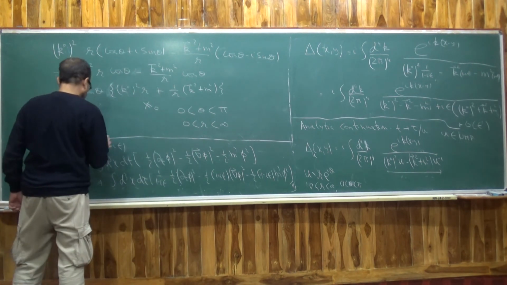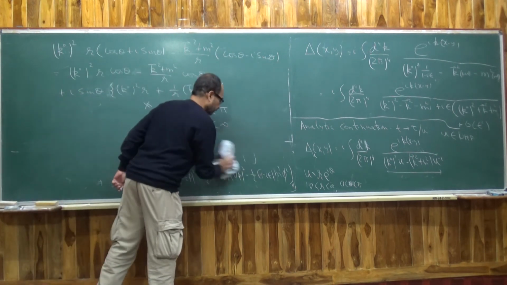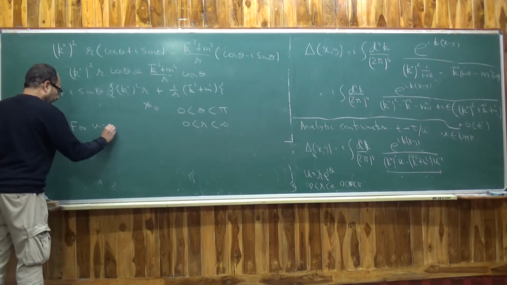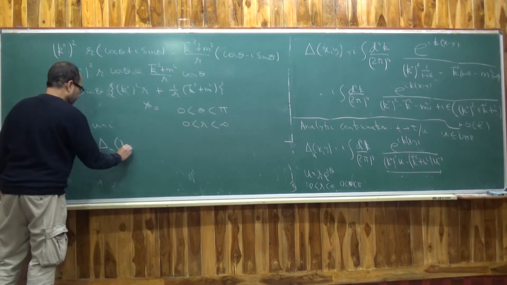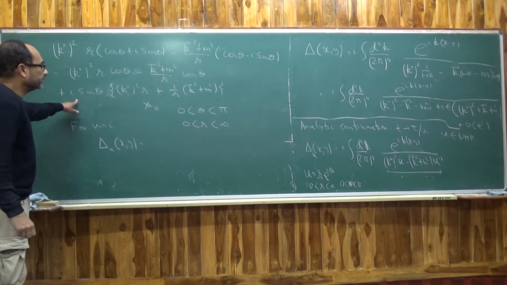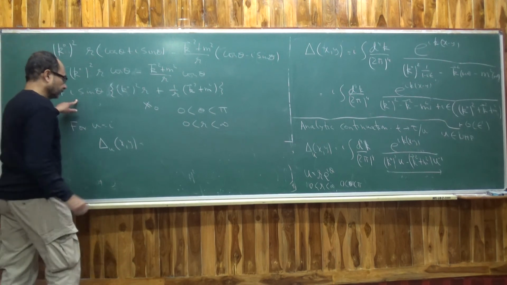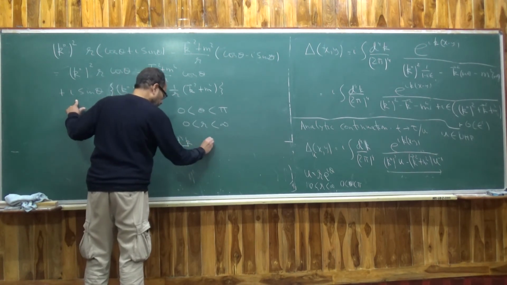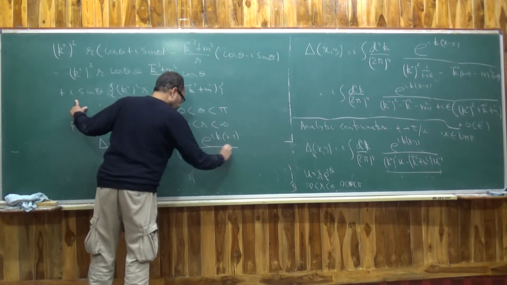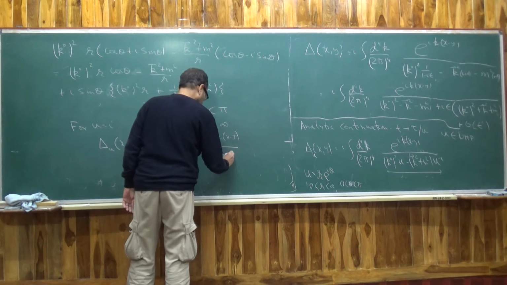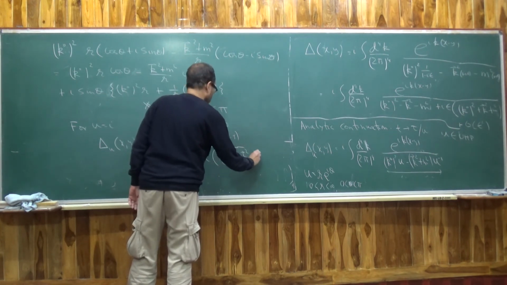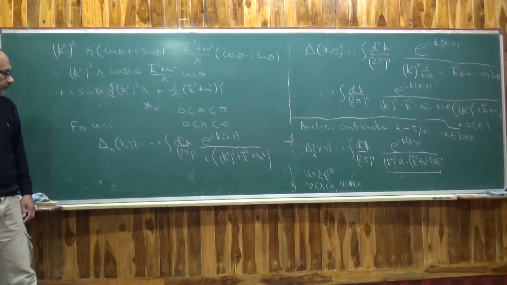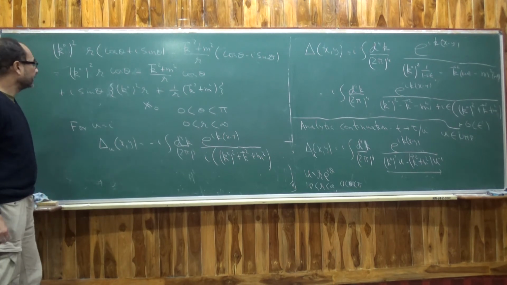So for u equal to i, delta u of xy is just this.